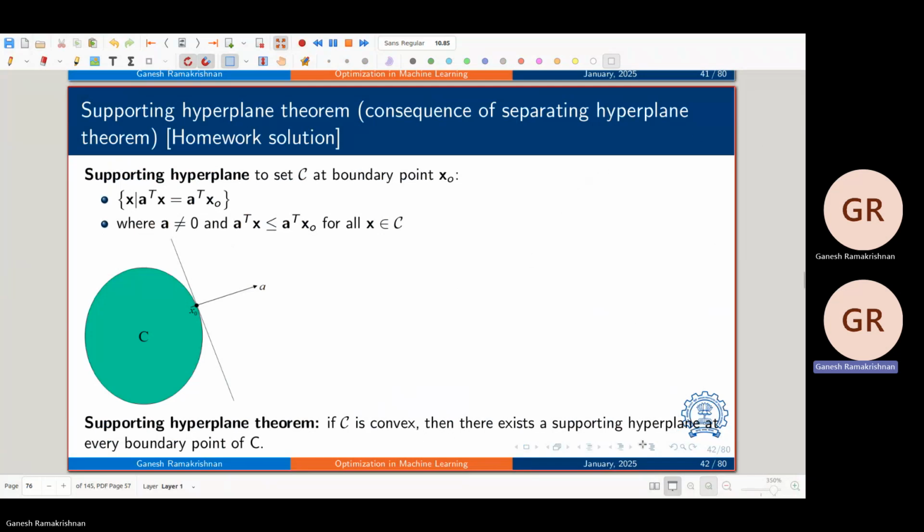If C is convex, then there exists a supporting hyperplane at every boundary point of C. The supporting hyperplane basically means that at boundary point x naught, a transpose x equals a transpose x naught, and at all other points C is exactly on one side: a transpose x is less than or equal to a transpose x naught for all other points x in C. Okay, we'll stop here. Thanks.